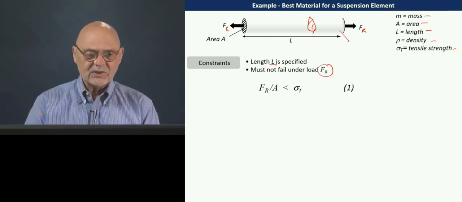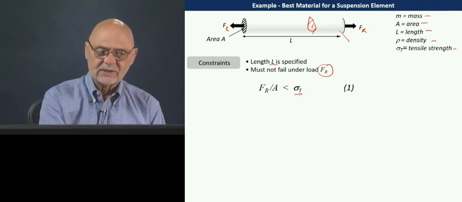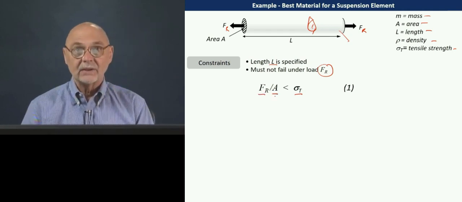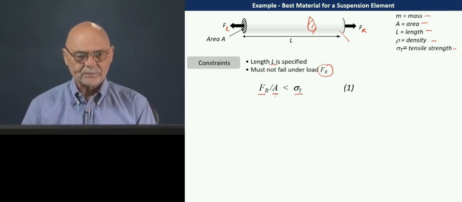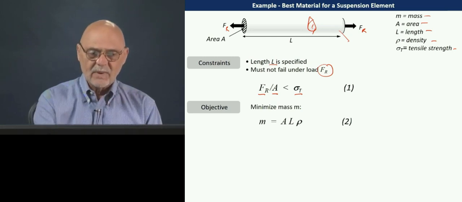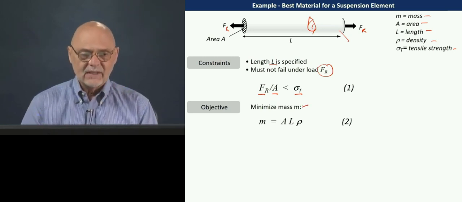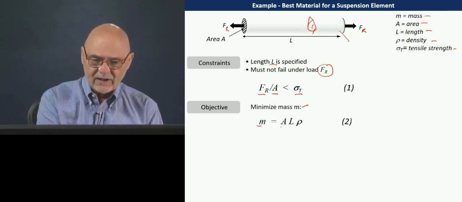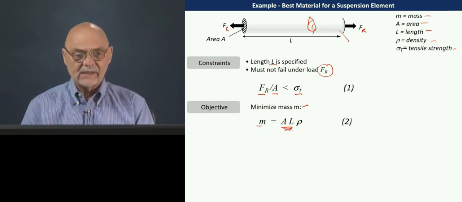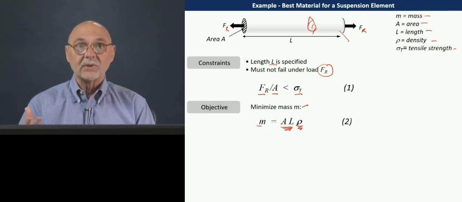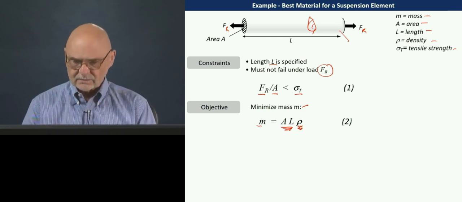So here's the physics. We know that the stress is equal to the force divided by the area. Call that equation 1. And remember, we want to minimize the mass. So the mass is equal to the volume of the tie bar, the area times the length, times the density of the material that we had selected.